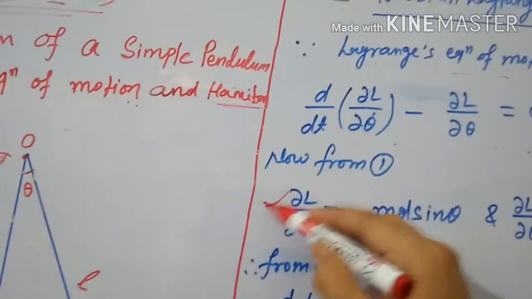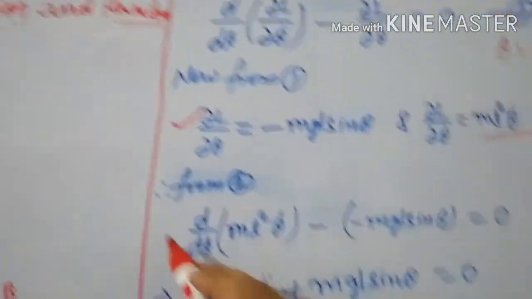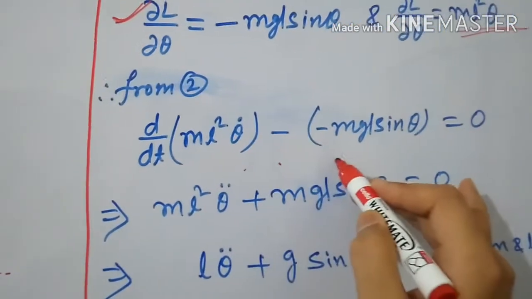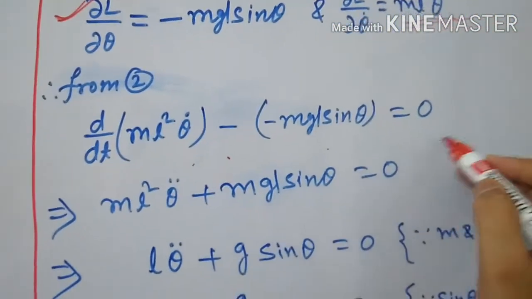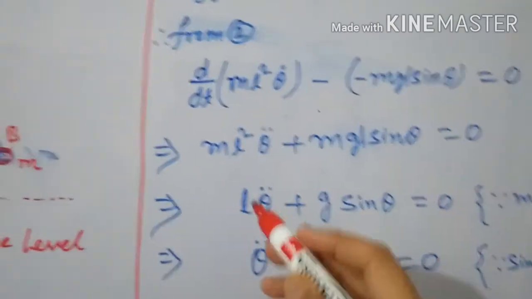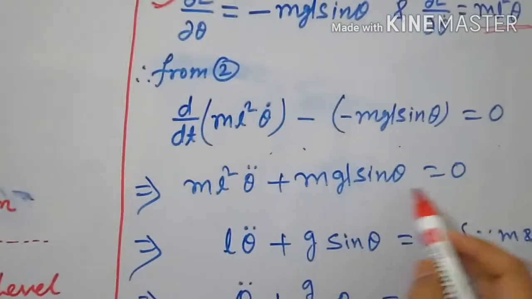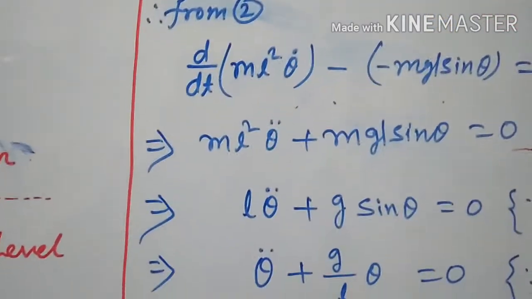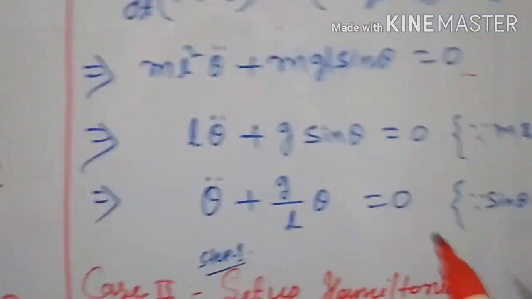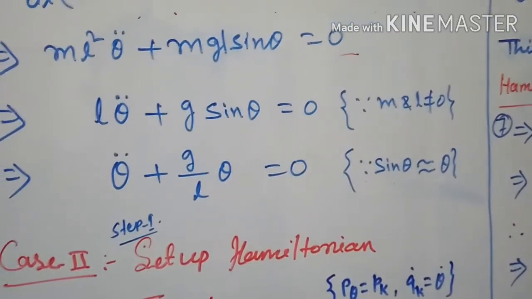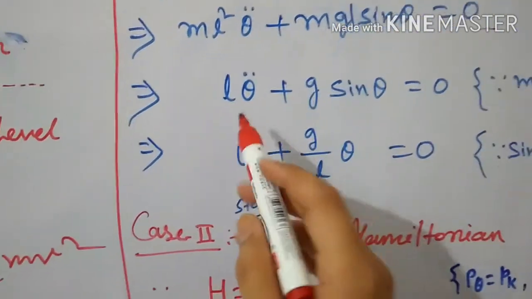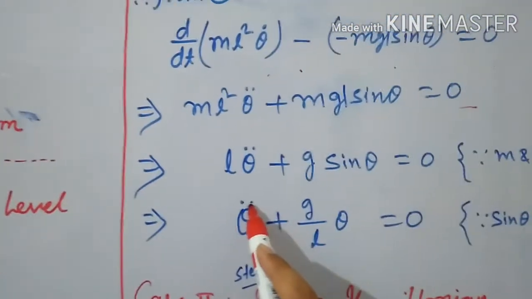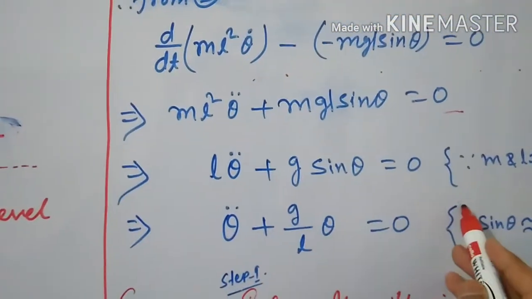So putting this value in equation number second, we get d by dt of m L square theta dot minus minus mgL sin theta is equal to 0. That implies m L square theta double dot plus mgL sin theta is equal to 0. Since mass and length cannot be equal to 0, the remaining terms are L theta double dot plus g sin theta is equal to 0.